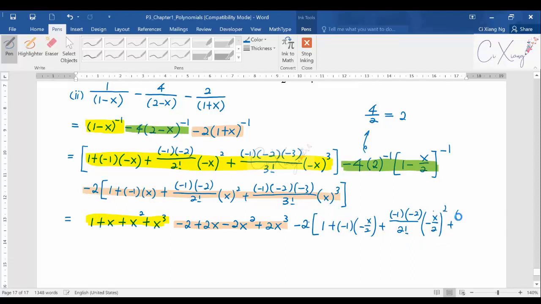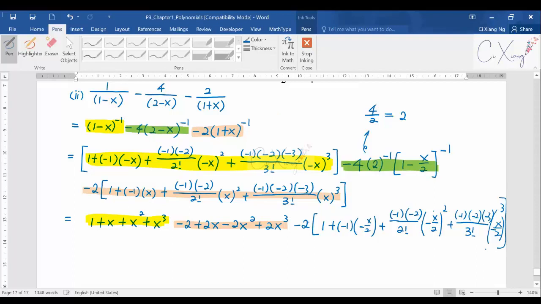Then the next term will be n minus 1, n minus 2 divided by 3 factorial, and then negative x power 3. I hope that you can see what I write here.